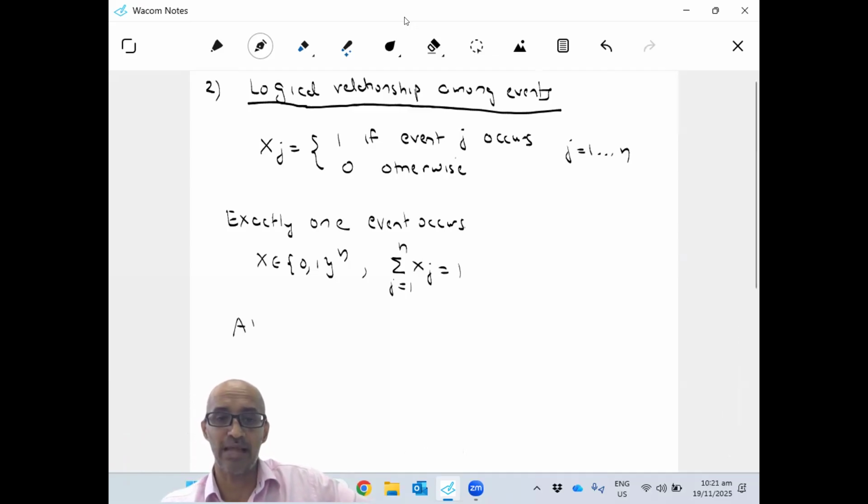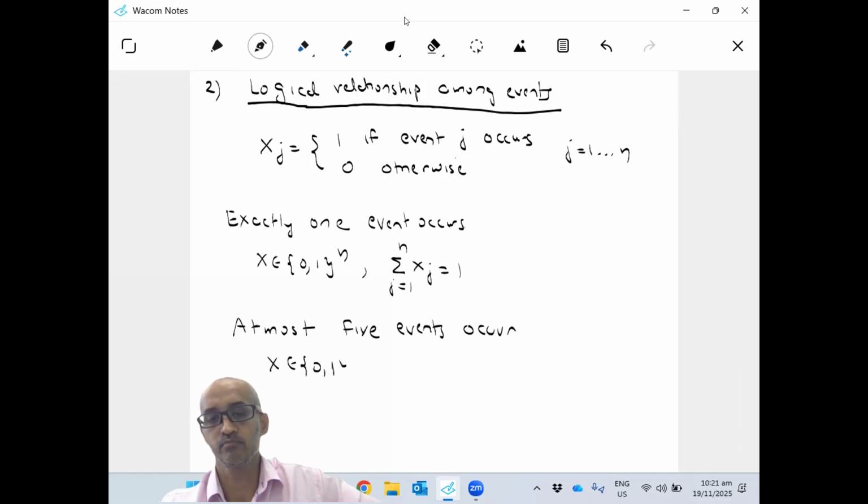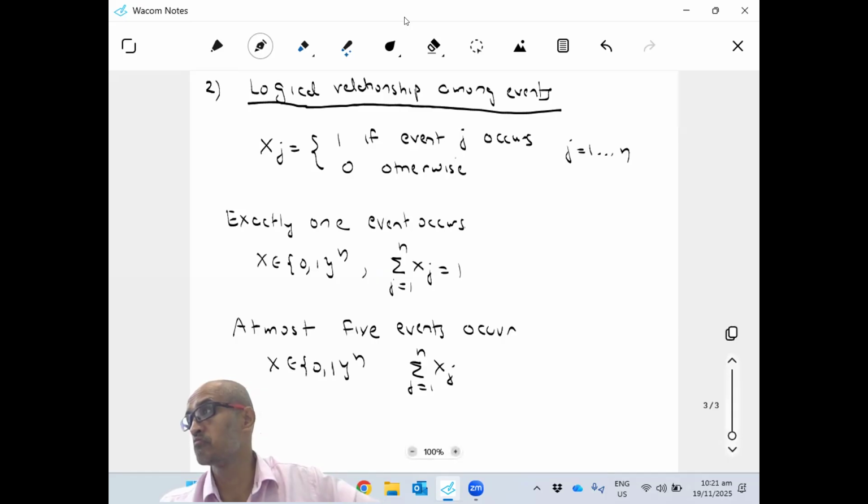If I want, for example, at most 5 events to occur, how would you model this? x in {0,1}^n, summation j from 1 up to n, xj, at most 5, less than or equal to 5.